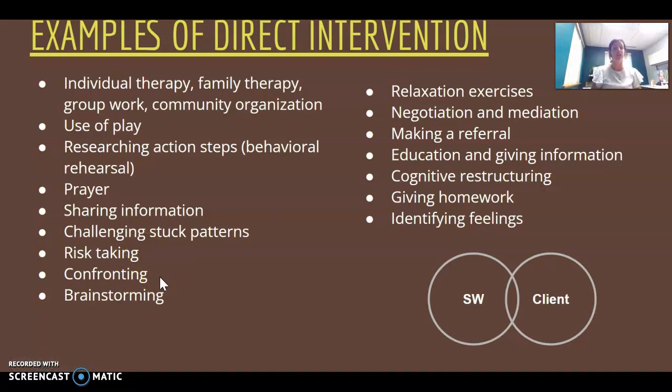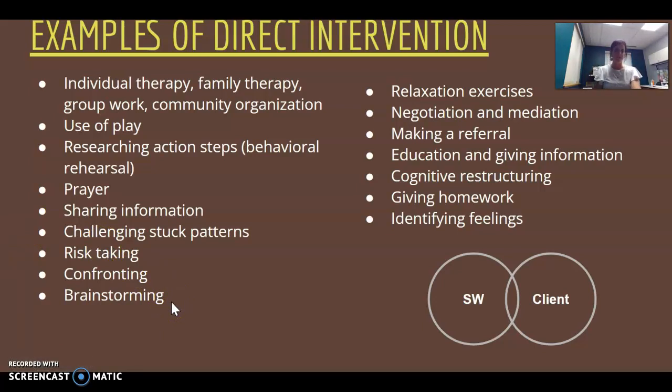There'll be a handout in the individuals and families folder about confronting that can be used as an intervention to challenge behavior and help clients see how they're thinking or what they're doing might be harmful or maladaptive. And so using confrontation as a skill to motivate change is another type of direct intervention. Brainstorming, we learned how to do that during the goal creation stage.